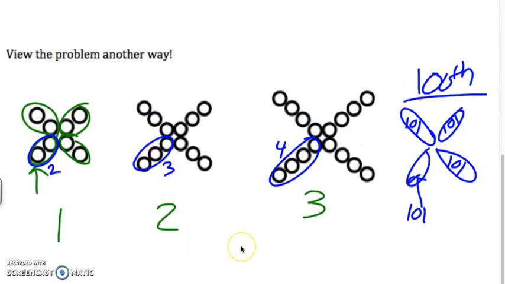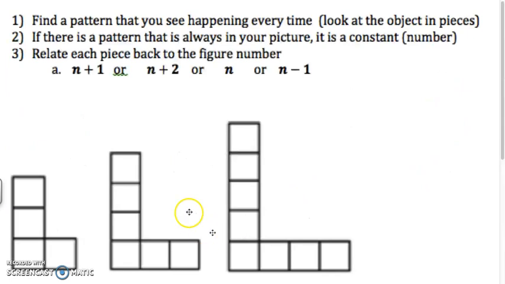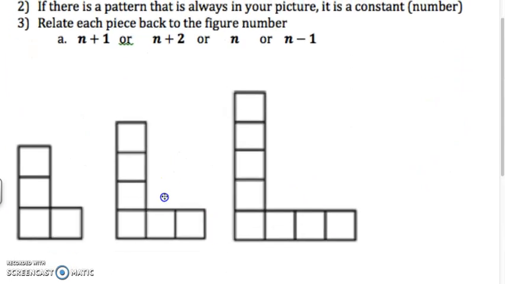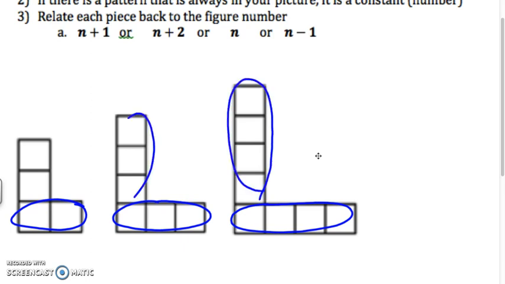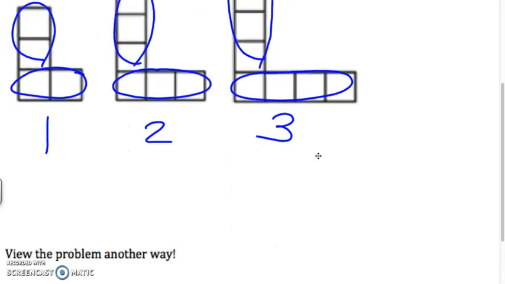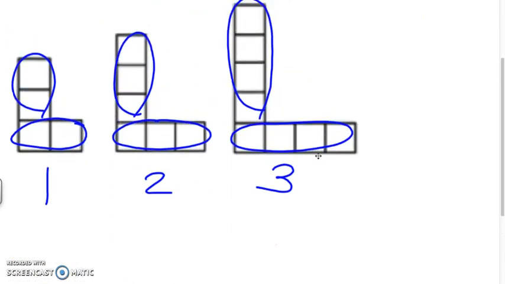All right, let's look at another example. So here we have an L. One way you can view it is looking at the bottom as a piece, and then looking at the top side going up as a piece. So again, this is the first one, the second one, and the third one. Let me take a look at the bottom.